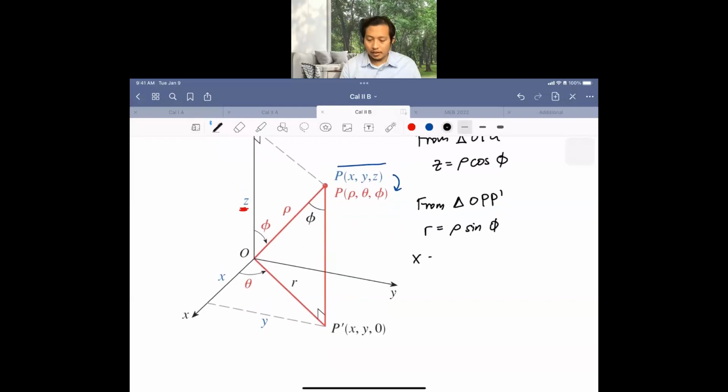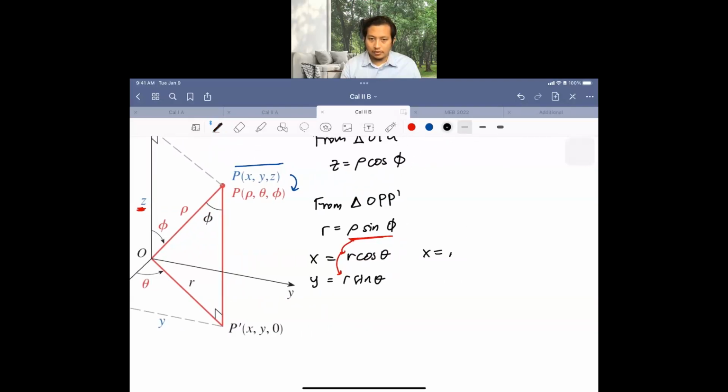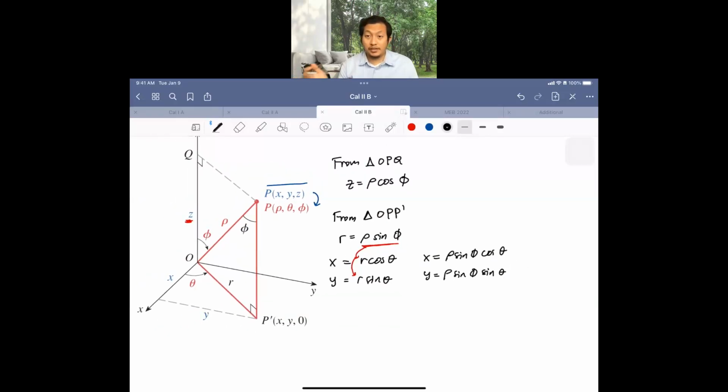And from this, r cosine theta for x and r sine theta for y, we could just exchange r with this. So we could have x is rho sine psi cos theta and y is rho sine psi sine theta. And from the distance formula and the usual sphere formula, we could also write down that the distance squared is equal to rho squared.